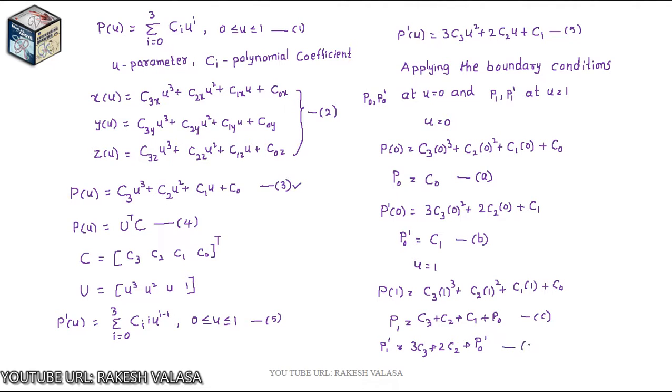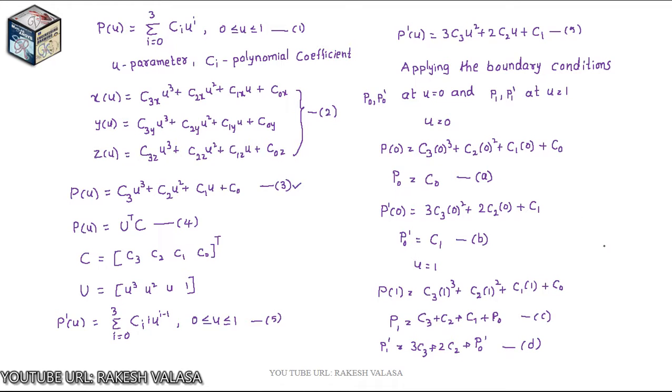This is equation number D. Now simplify equations C and D. Here C2 and C3 are unknown values, and by using these two equations you can determine the C2 and C3 coefficients.